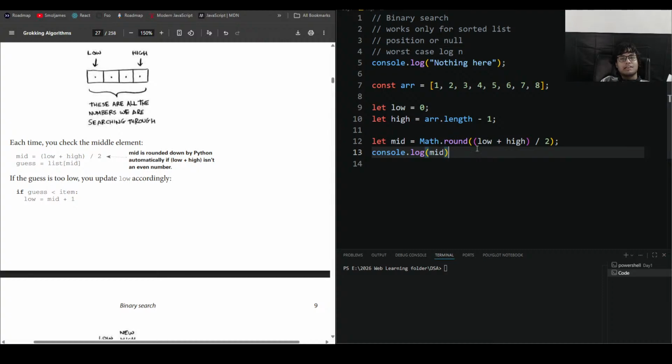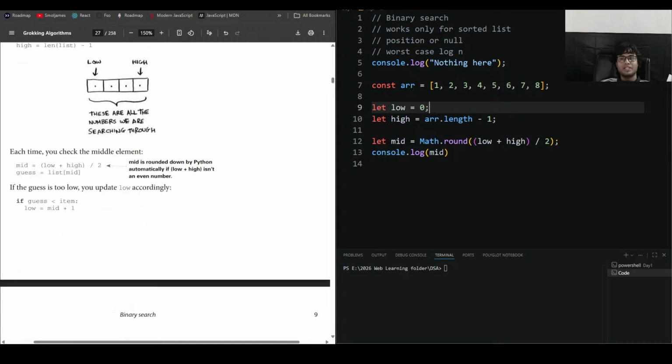So 1, 2, 3, 4, 5, 6, 7, 8 elements we have. Low is 0, and high is 7. Isn't it going to be plus 1?